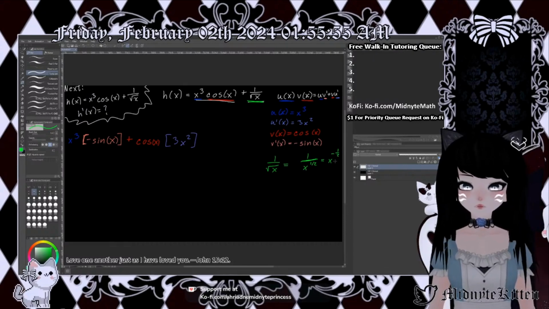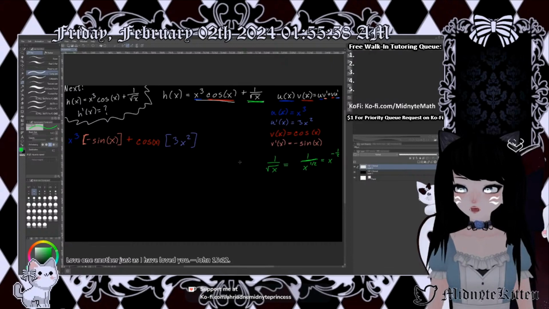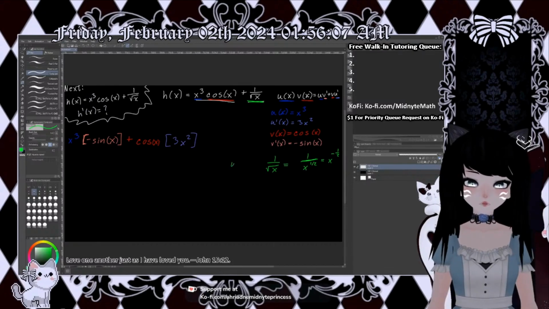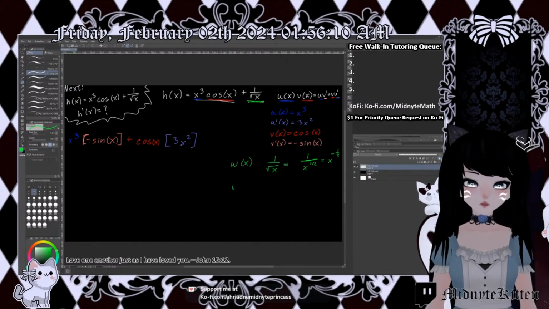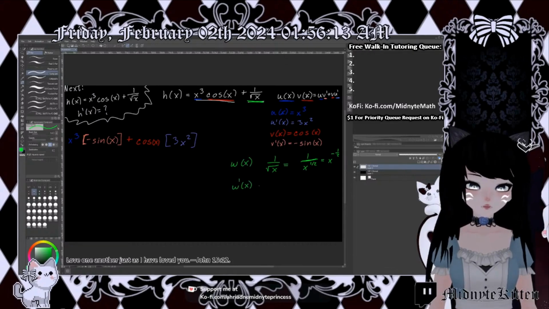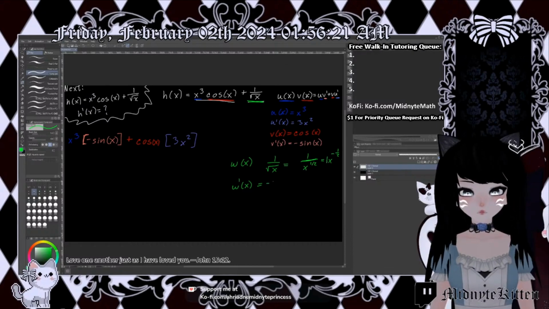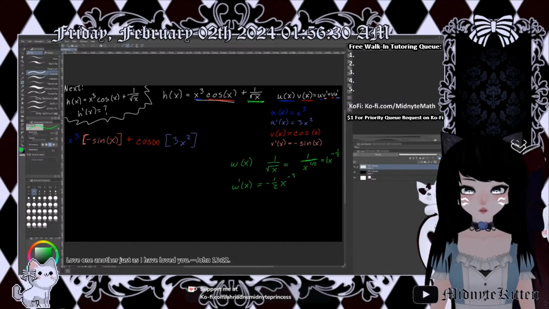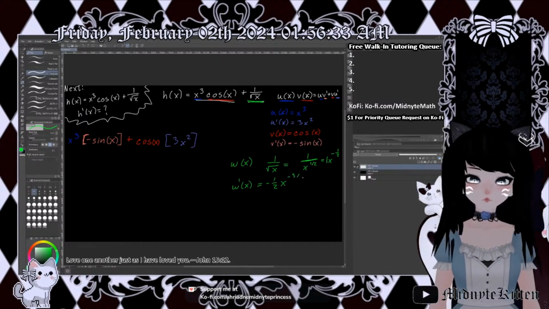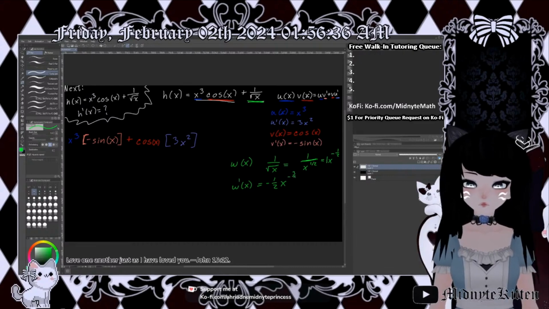All right. So the derivative of this, we'll just call it w. This is w of x, right? If we want the derivative of that, we take the exponent, multiply it by the coefficient, which is 1, times negative 1/2 x, and then subtract 1, so that is negative 3 over 2 as an exponent.